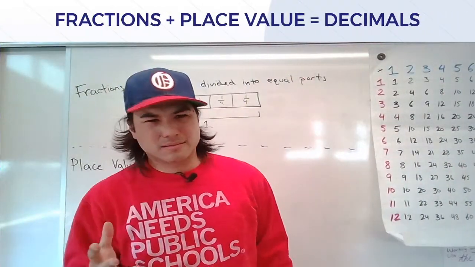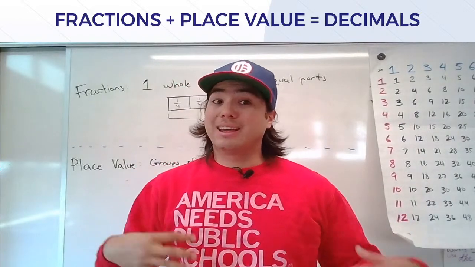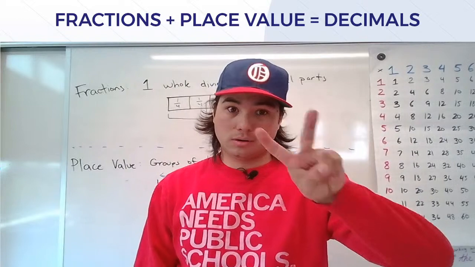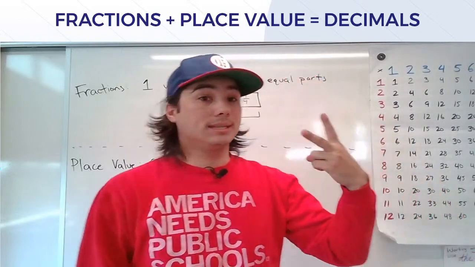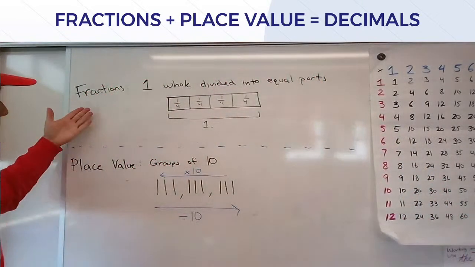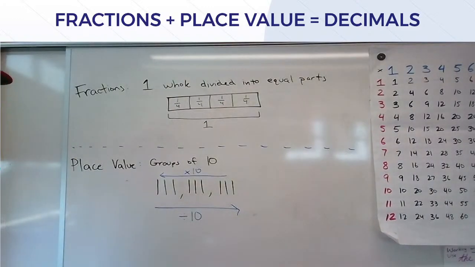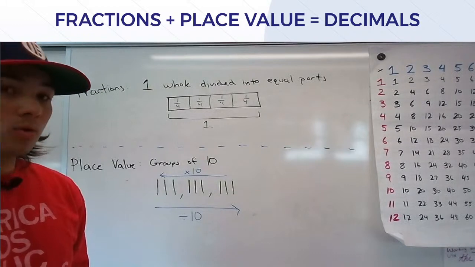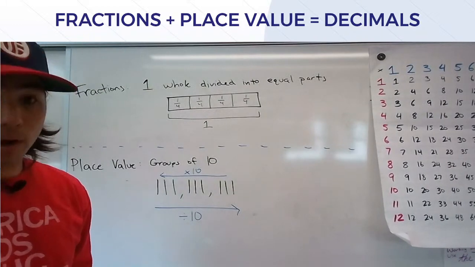Couple things up front when we're talking about decimals. Before we get into the concept of decimal, I do want to review two concepts that are going to be really important here. Number one, this idea of fractions. Fractions being one whole quantity divided into equal parts, right?